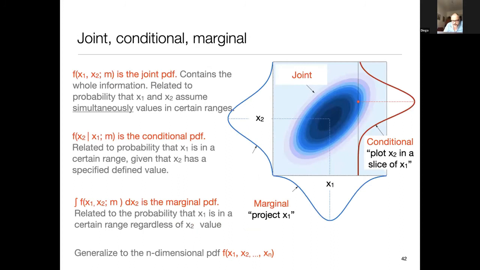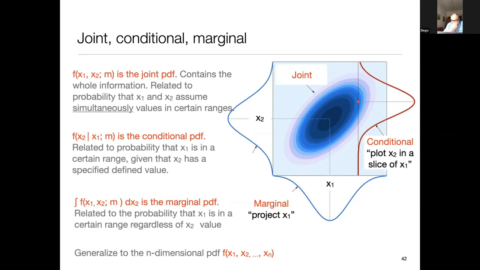Of course, so far we've been looking at one-dimensional distributions, but in general, this applies to multi-dimensional distributions. And here again, you have, unfortunately, to get familiar with a little bit of jargon.